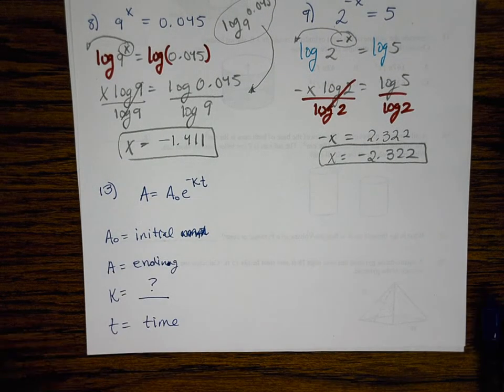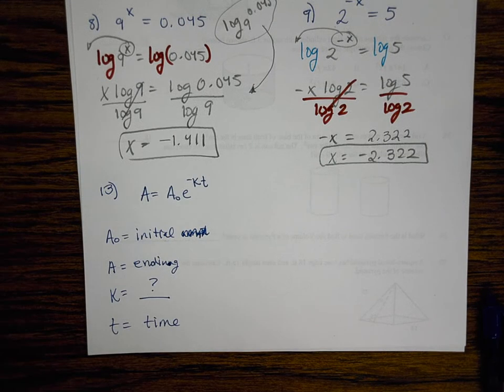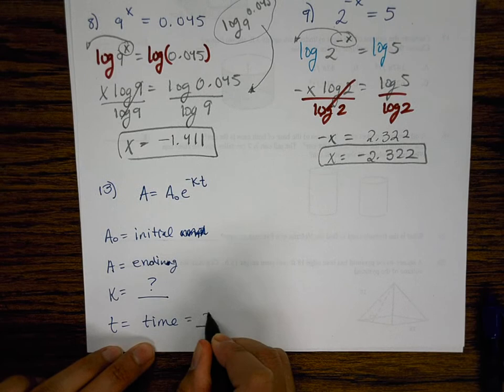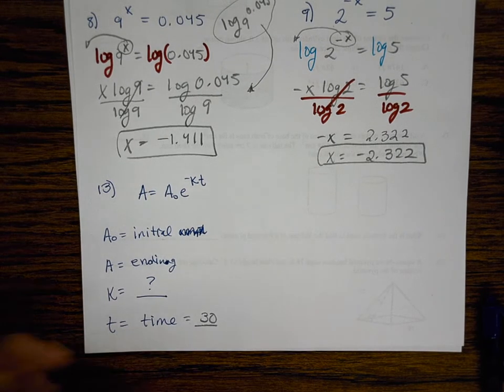Okay, so in this particular problem it says find the constant K where T is expressed in years. If the half-life is 30 years, we know the time is 30 years. It gives that to us in the problem.